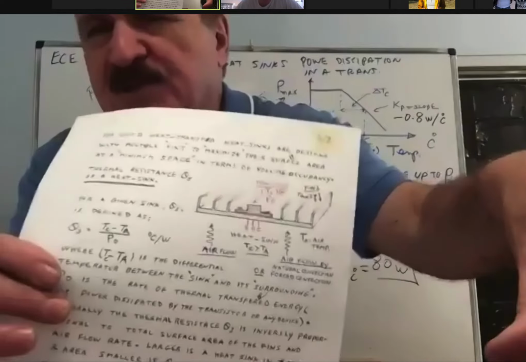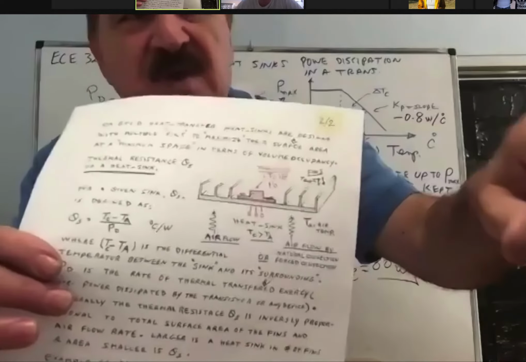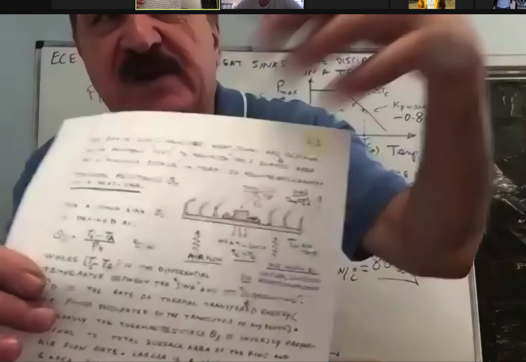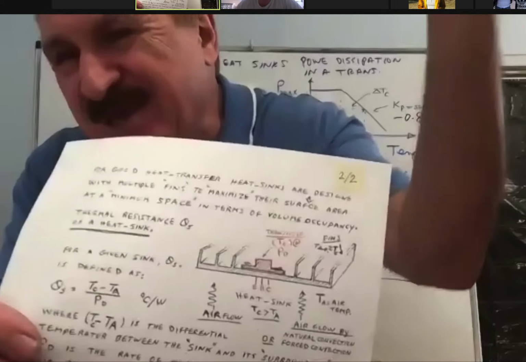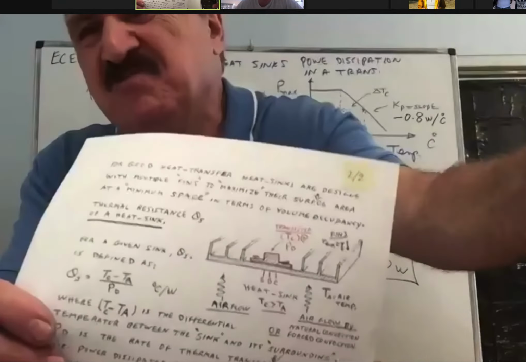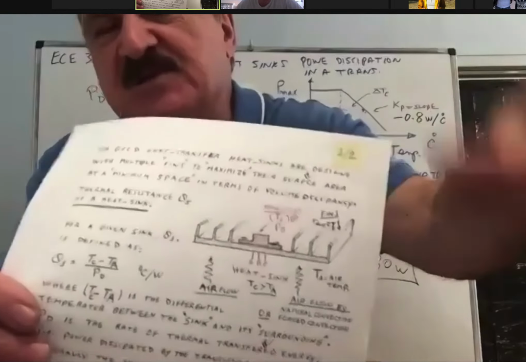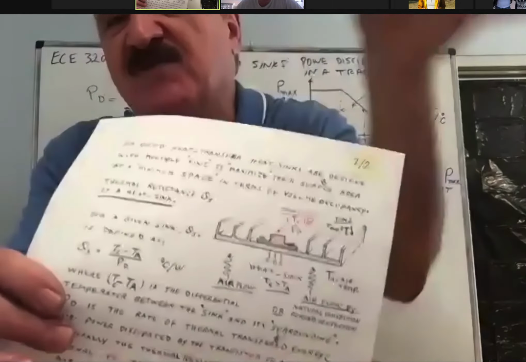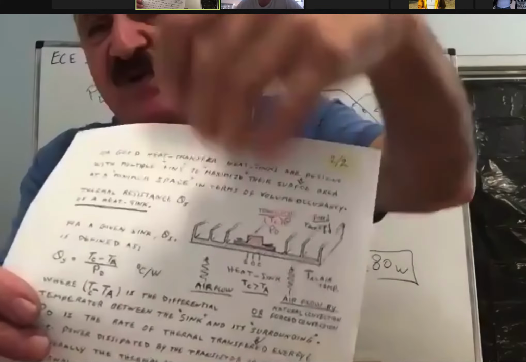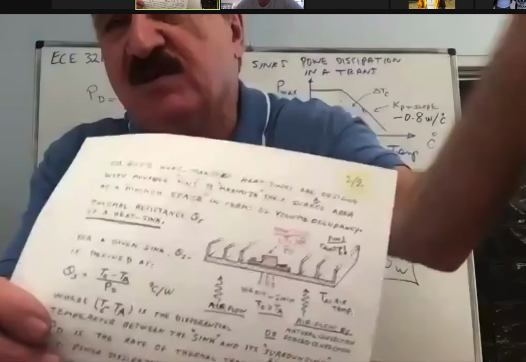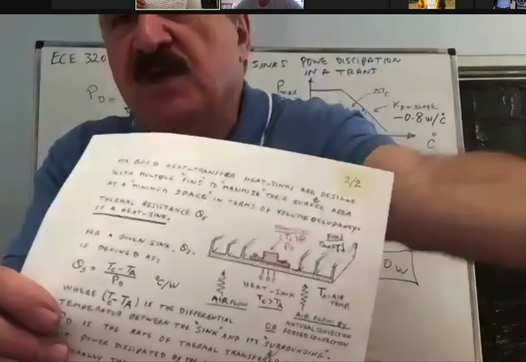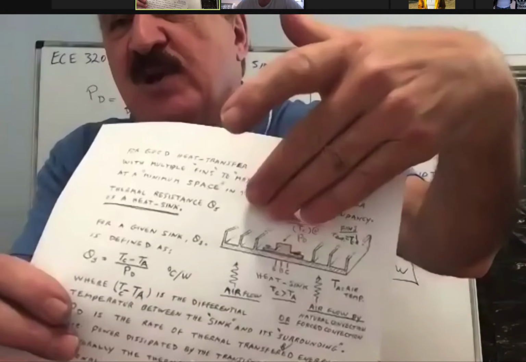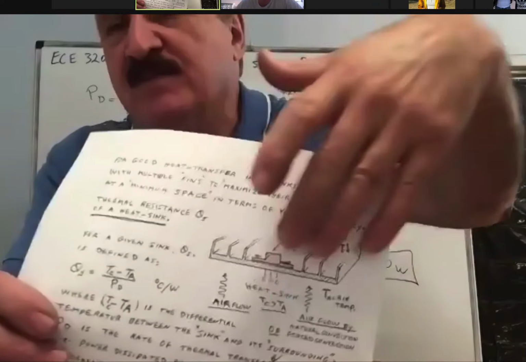So we have an ambient temperature, that's room temperature. We're assuming that as we are dumping heat into the room, the temperature doesn't change. It stays nearly 20-25 degrees. As the sink temperature rises above the room temperature, the heat will transfer from the fins by convection, airflow, into the room, and eventually at steady state, it will reach an equilibrium temperature.